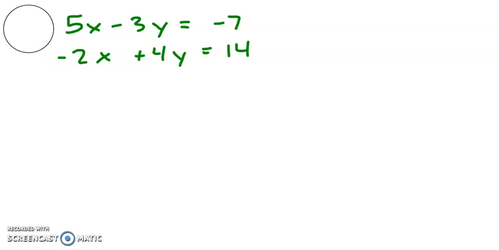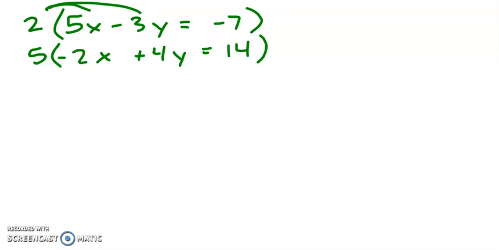So I want to multiply the entire top equation by 2, the entire bottom equation by 5. All right, so I have to distribute 2 throughout this whole equation here, and 5 throughout this whole equation here. I don't want to get any of my equations mixed up, because we're going to have to add. I want the 2 equations stacked on top of each other. So I'm just going to completely rewrite these over to the right.